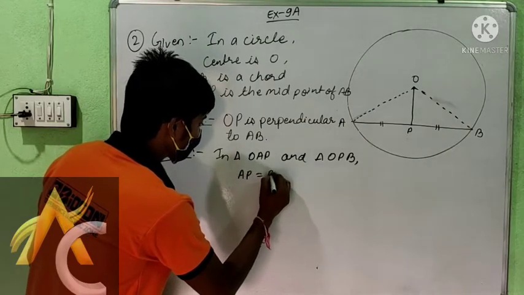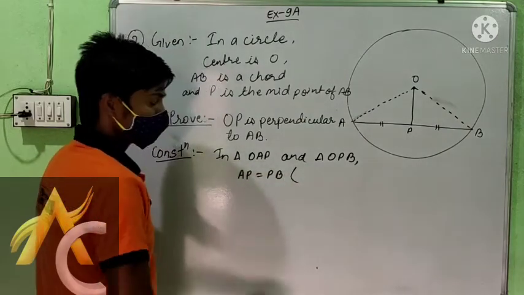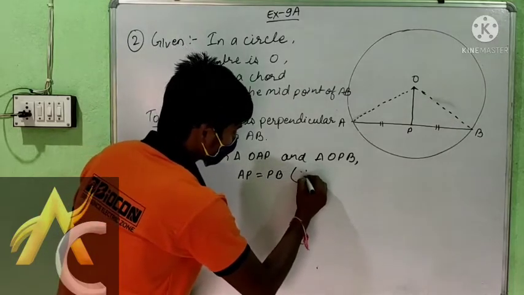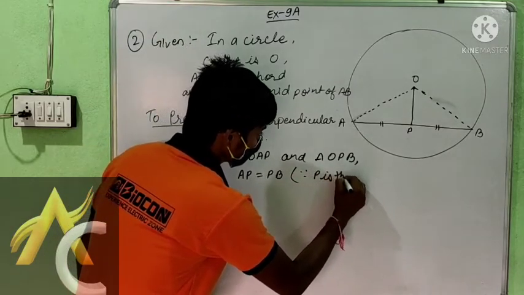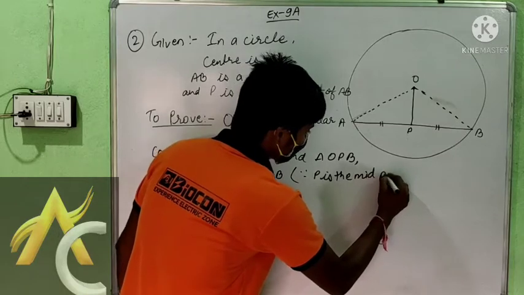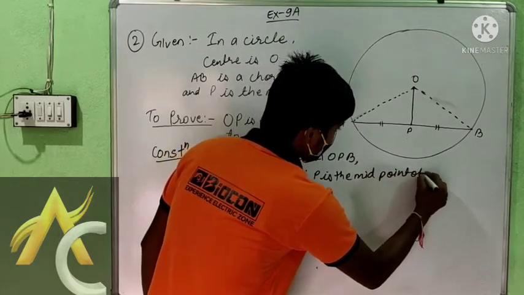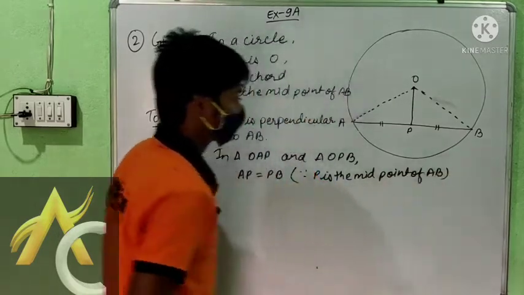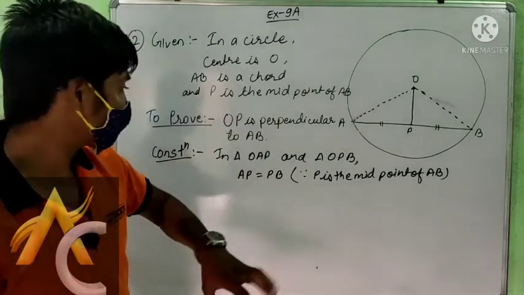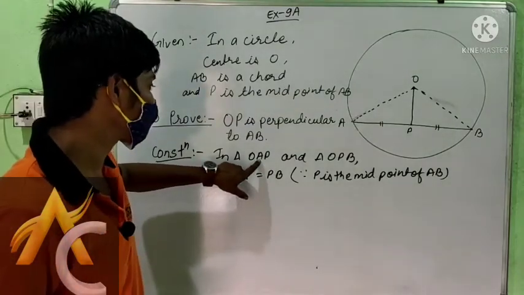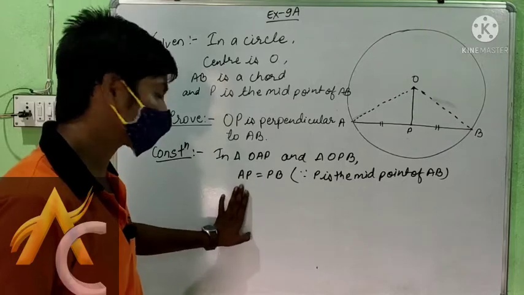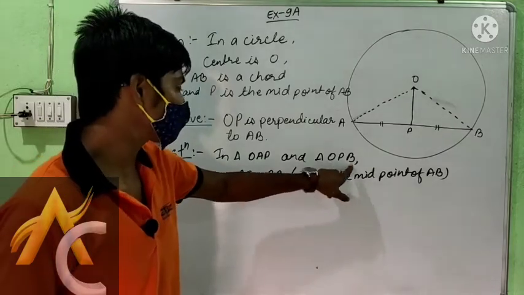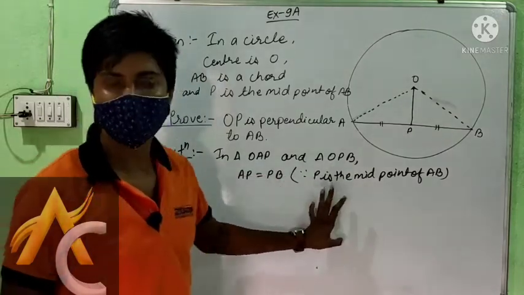Reason: since P is the midpoint of AB. Always remember that we have to write the sides of triangle OAP on the left side and the sides of OPB on the right side of the equal sign.